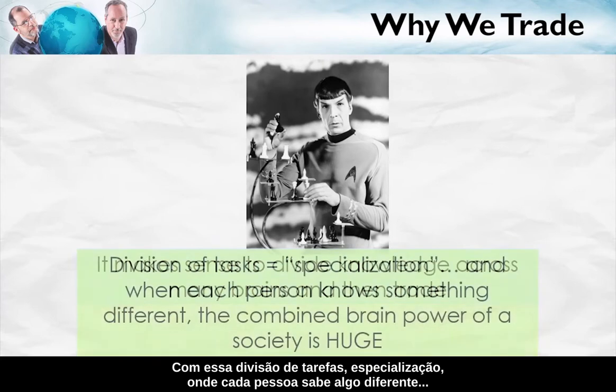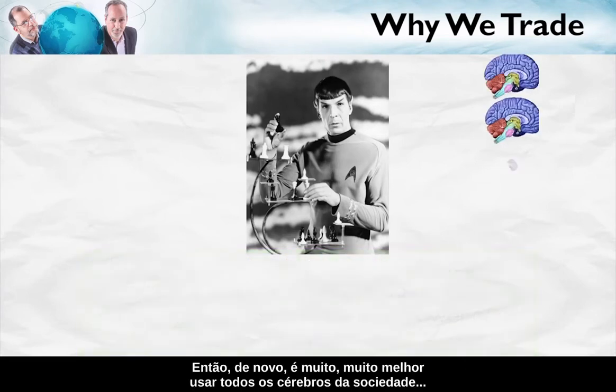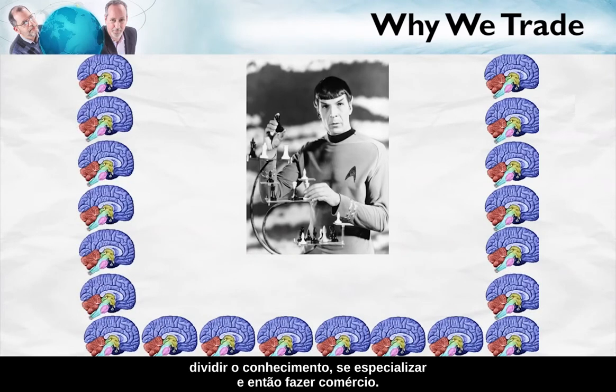With this division of tasks, specialization, where each person knows something different, the combined brain power of society is huge, and it's much more than could be fit into a single brain, even into Mr. Spock's brain. So again, it's much, much better to use all of the brains in a society to divide knowledge up, to specialize, and then to trade.